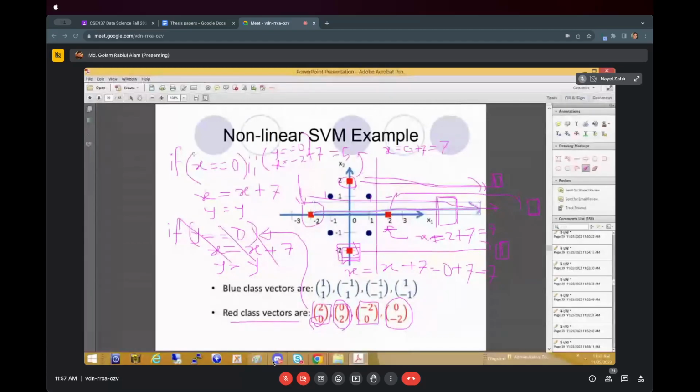That's called the kernel trick or mapping function. So we need to find some sort of mapping function to convert the nonlinear problem to a linear problem, and then apply the linear SVM to find the solution.